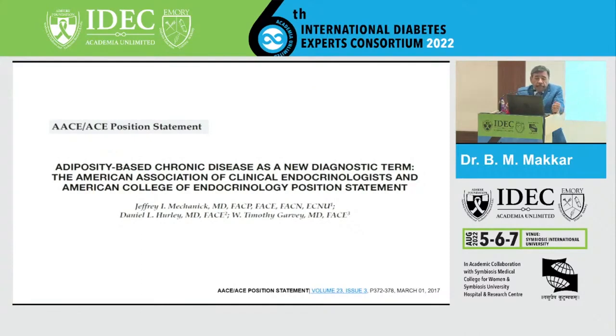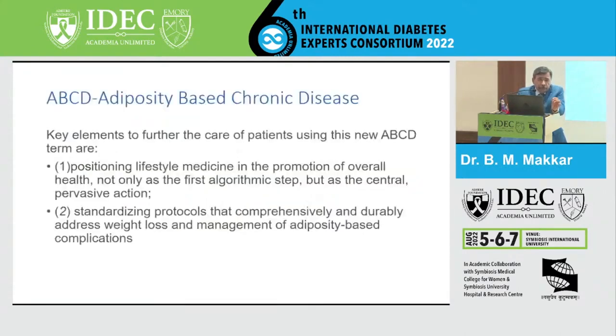And this basically has 4 key elements imbibed into this definition. First is the positioning of lifestyle medicine in the promotion of overall health, not just the initial first algorithmic step, but it is central to management of obesity. Second, it has standardized protocols to comprehensively and durably address weight loss and management of adiposity-related complications.